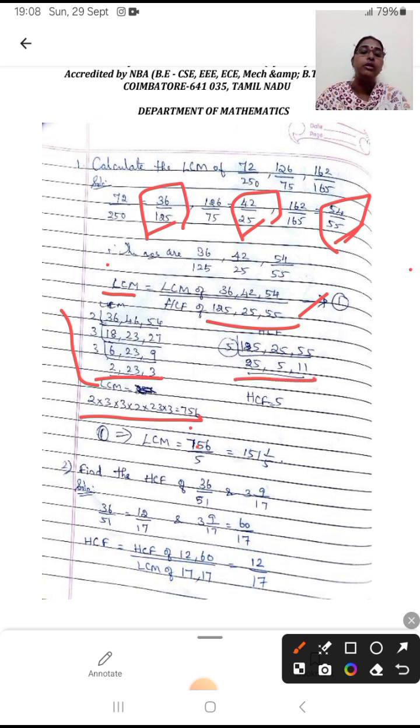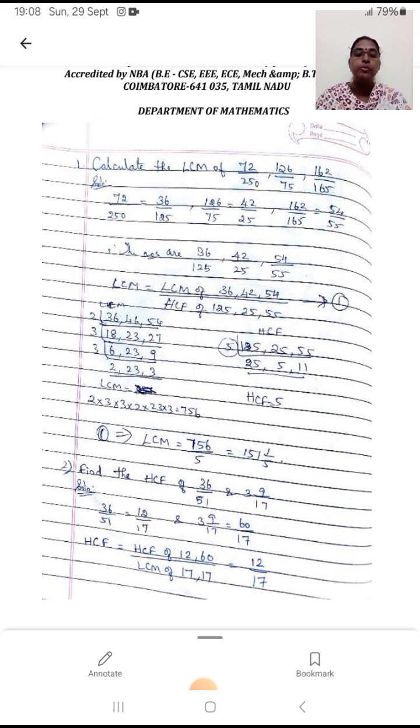There is no common number after this, so 5 alone we have. So HCF is 5, and we substitute in the formula. LCM equals 756 divided by 5. The numerator is an even number and the denominator is an odd number, so we get only the mixed fraction 151 1 by 5.